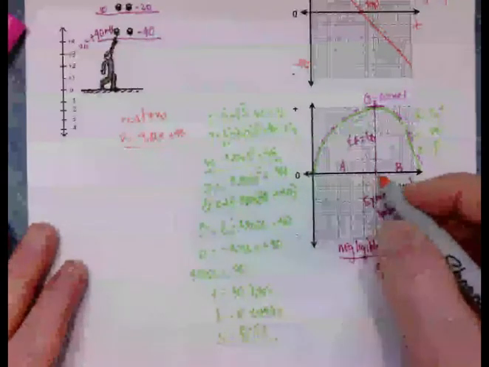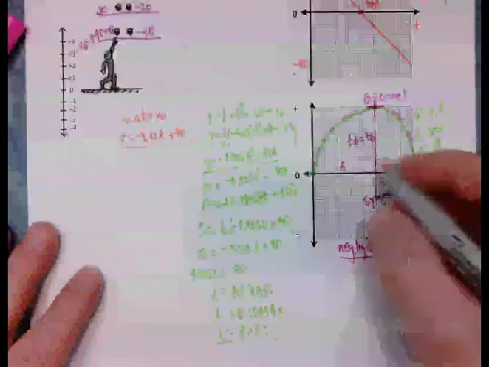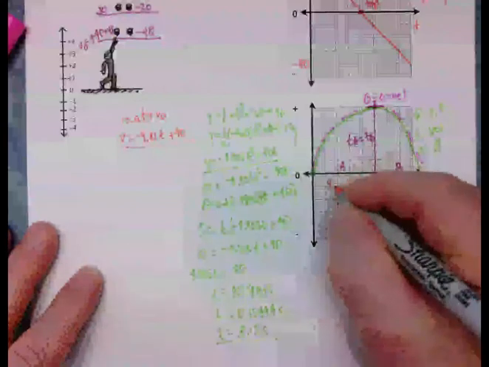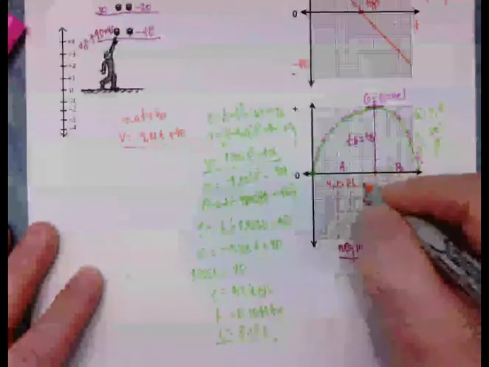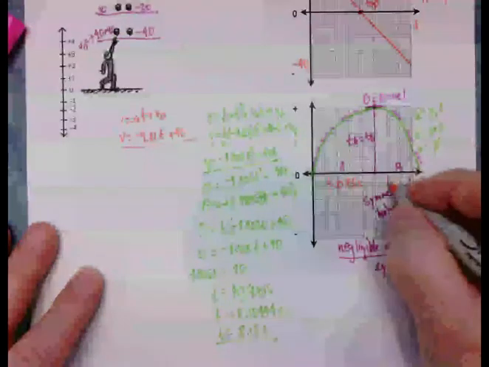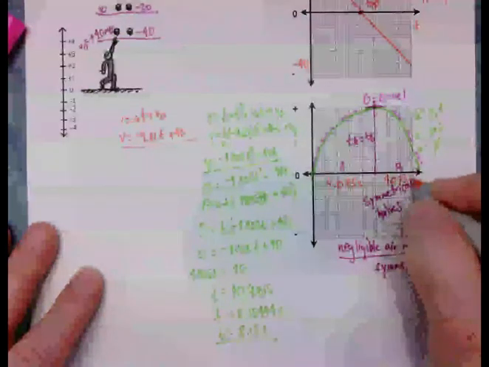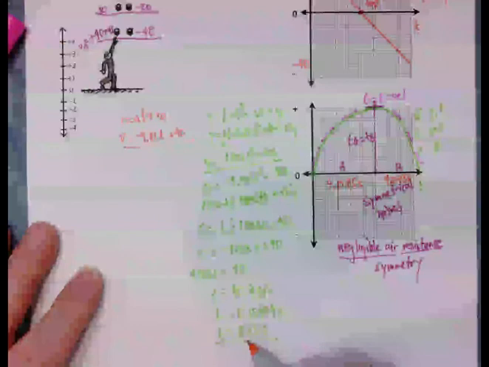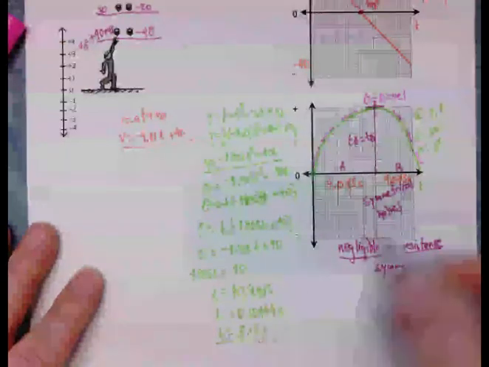What this means, incidentally, is that this time here is 4.075 seconds to the top and 4.075 seconds downward. That's the total time in the air divided by 2. That's important to remember.